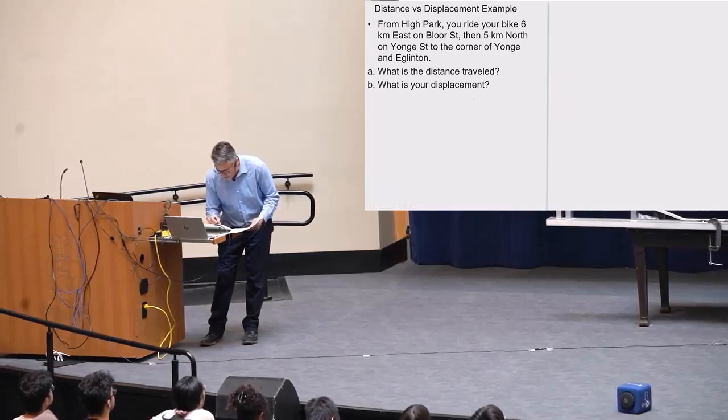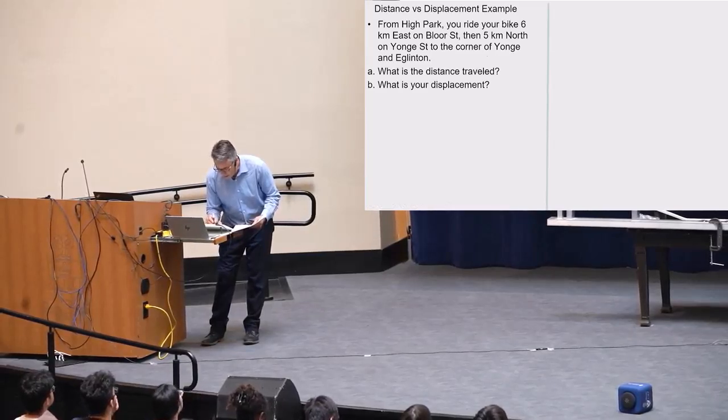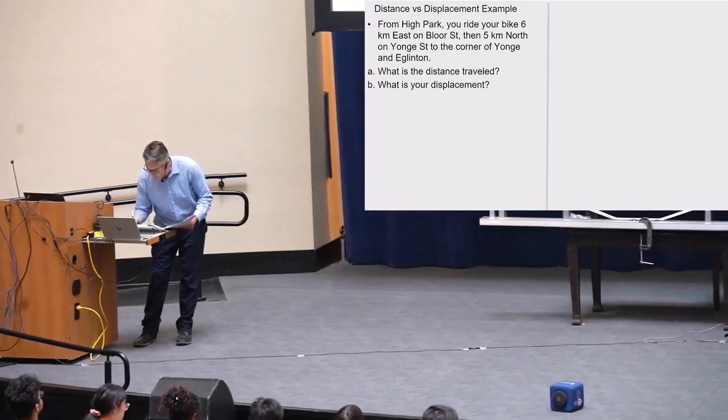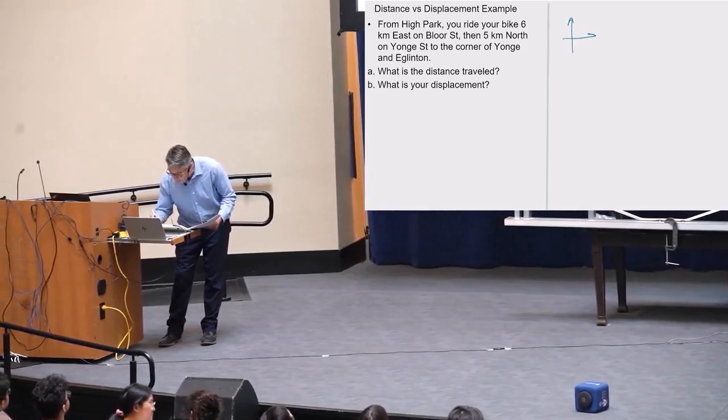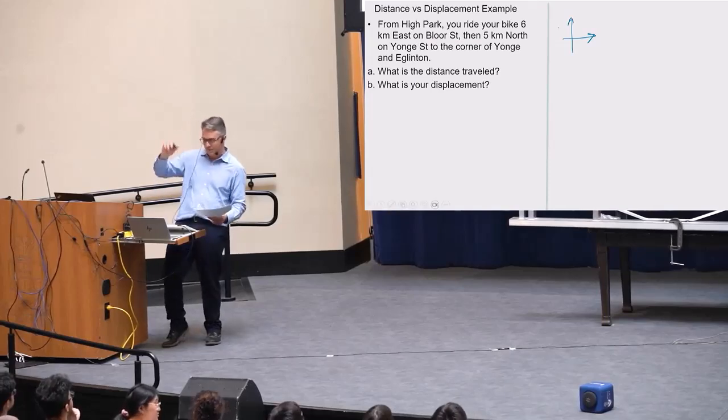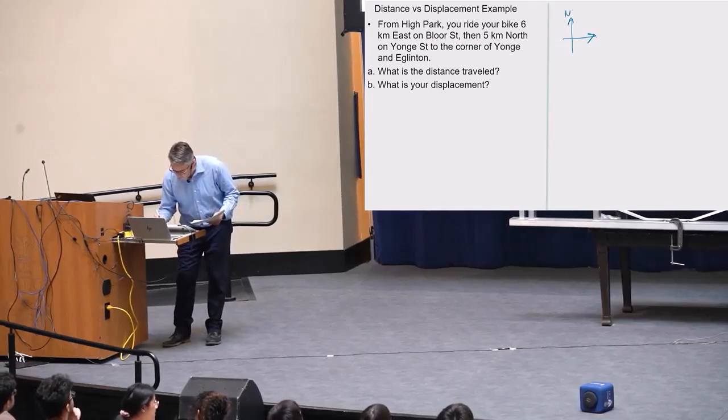So, distance versus displacement. From High Park, you ride your bike 6 kilometers east on Bloor Street, and then 5 kilometers north on Yonge Street. We can draw a top view. What I did in the beach ball problem is I drew a side view. Well, let's draw a bird's eye view: north, east, west, south.